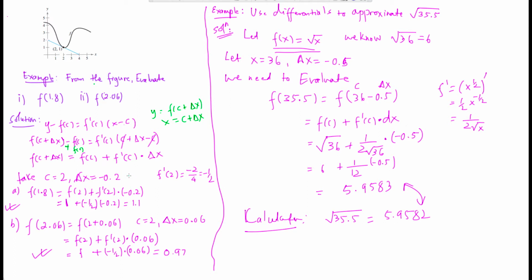Now to find f(1.8), you can write f(1.8) as f(2 minus 0.2). So you take c as 2 and delta x as negative 0.2 in this formula.